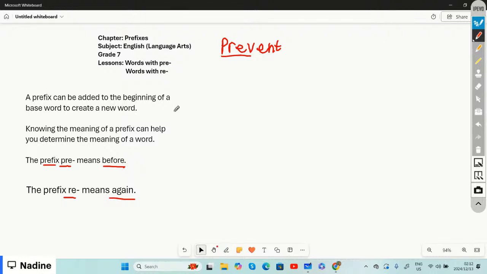Then we also have the word pre-made. What does it mean when we say it was pre-made? If we say something was pre-made, what does it mean?